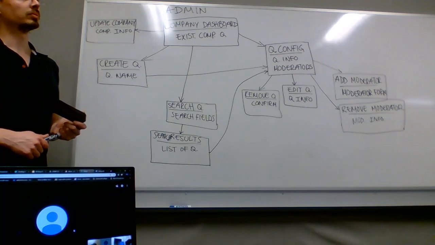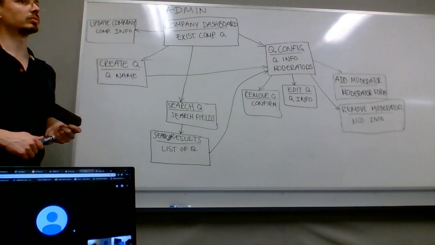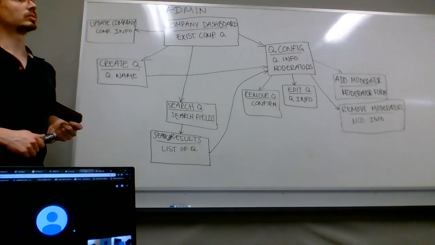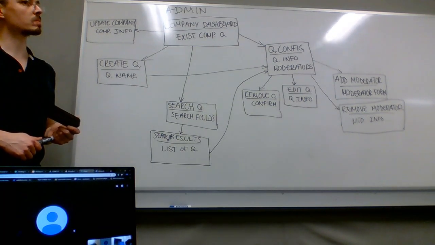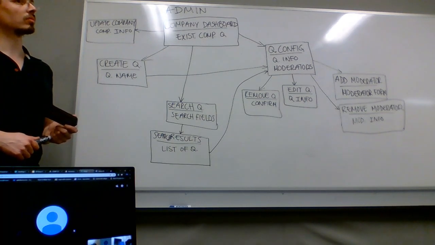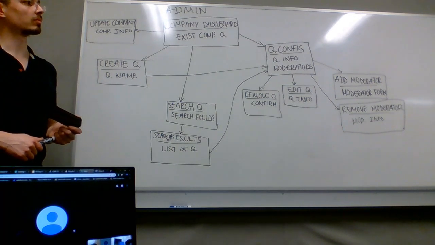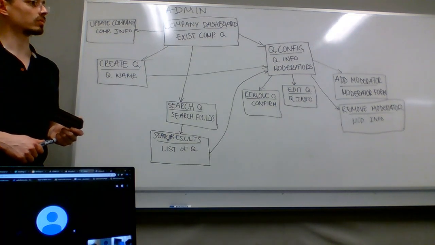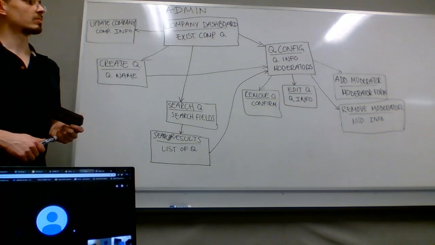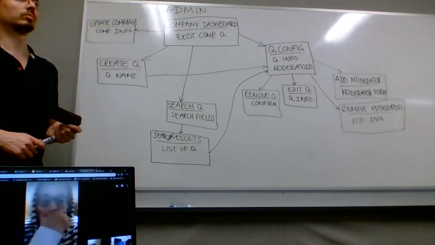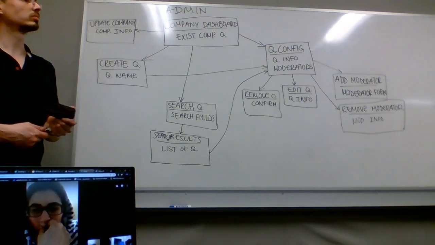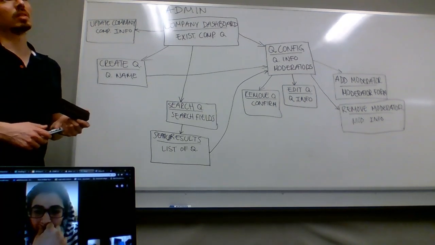For the company, there are different moderators, and you should have the ability to add those moderators as a user registered to the company, so that you can refer back to them when adding them to the queue. So you don't have to duplicate that moderator info every single time for different queues in the company.